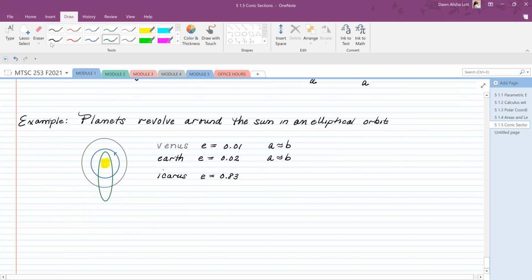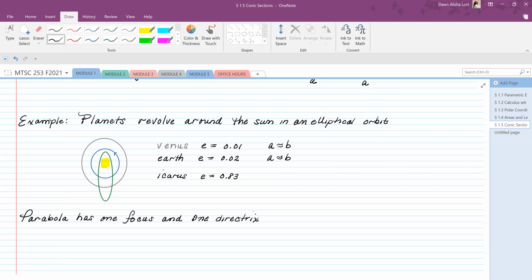So a parabola has one focus and one directrix. An ellipse has two foci and two directrices.